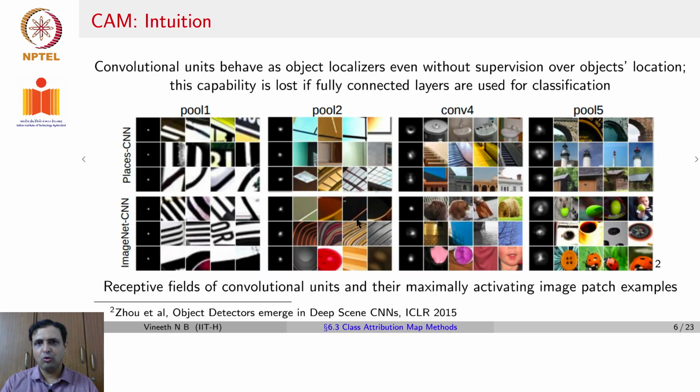An intuition for doing CAM is that in any CNN so far that we've seen, in most CNNs, we've had a few convolutional layers, then followed by some fully connected layers. Convolutional layers do maintain a certain level of object localization capability.